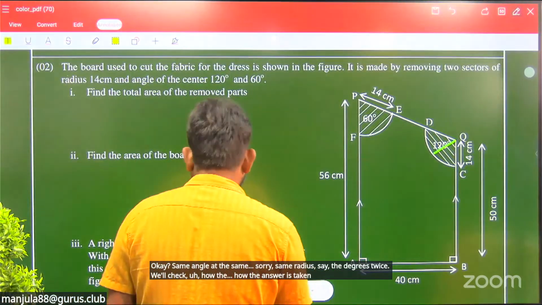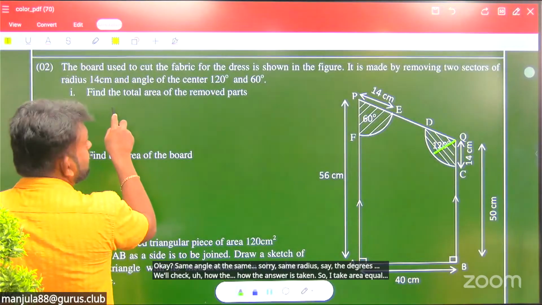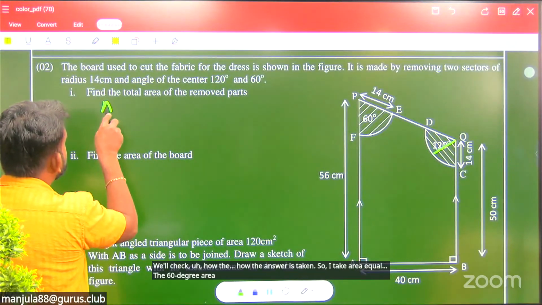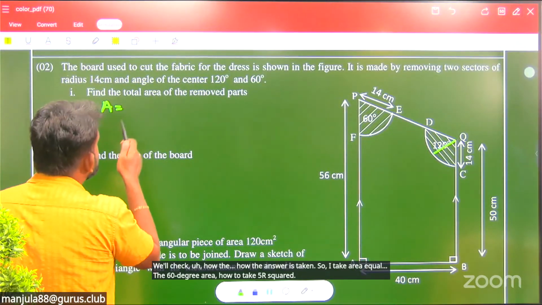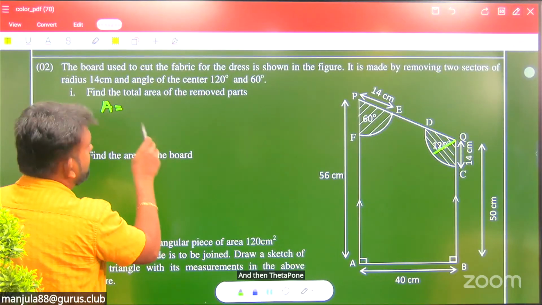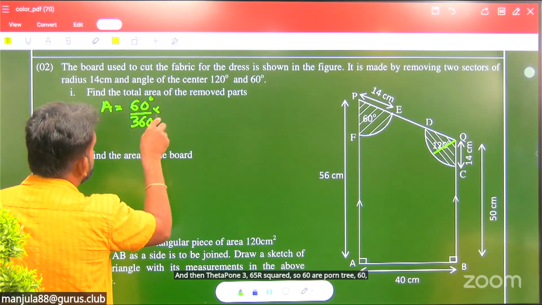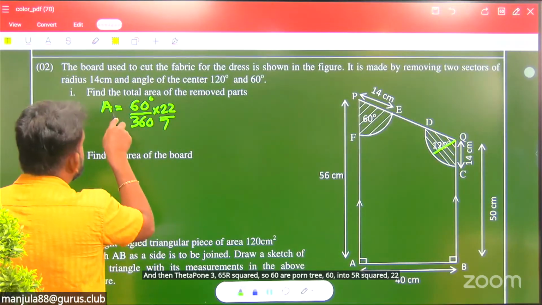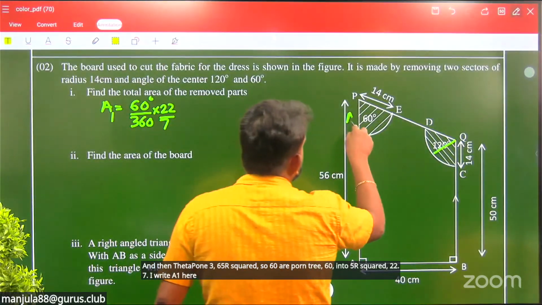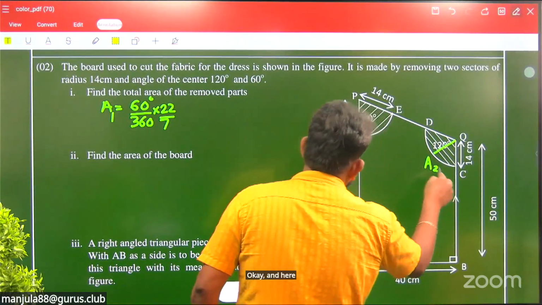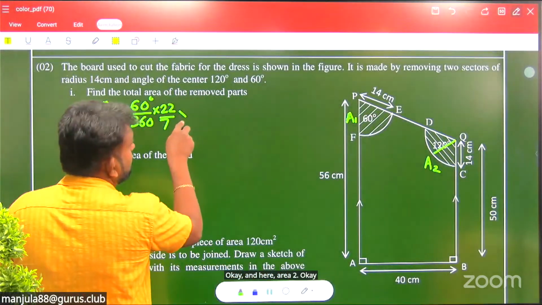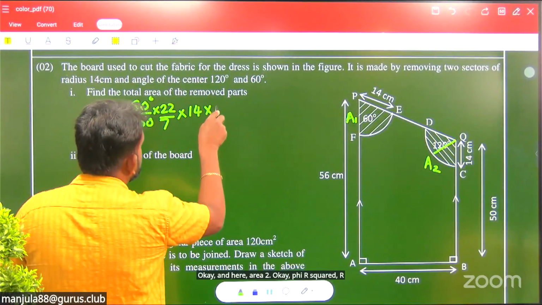So I take the area of the 60-degree sector, how to take it: theta upon 360 into pi r squared. So 60 upon 360 into pi r squared, 22 upon 7. I write A1 here, okay, and here area 2. Pi r squared, r is 14 into 14.